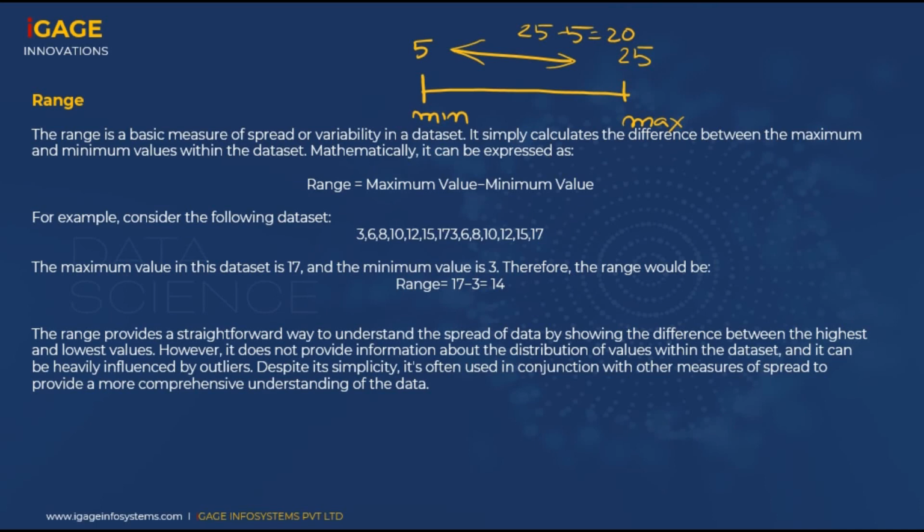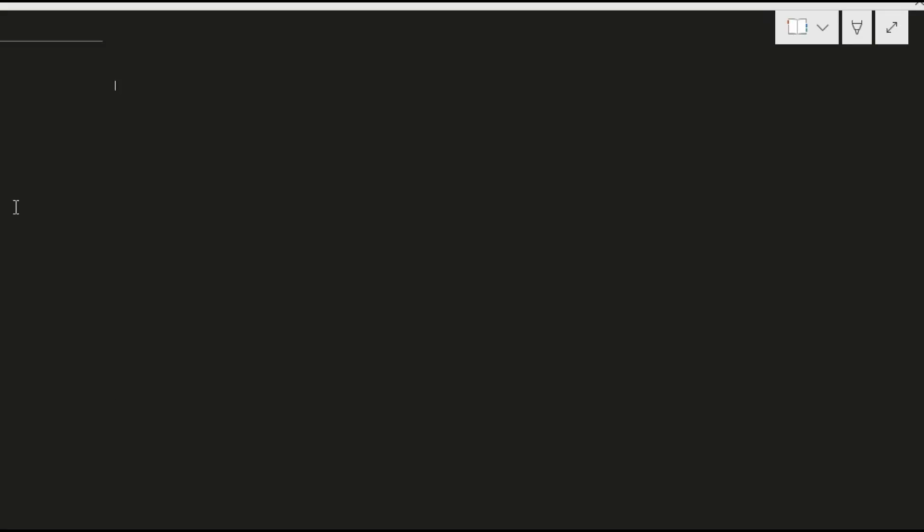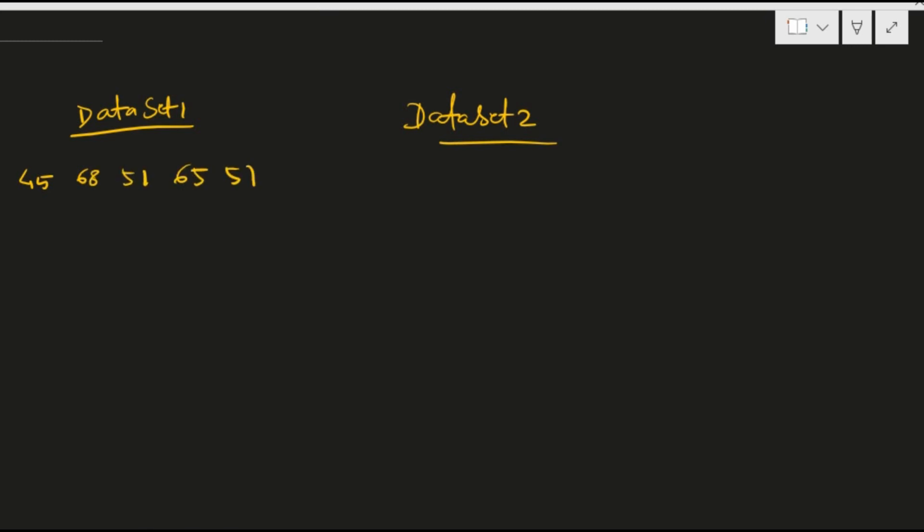Let us consider one example. Suppose we have two data sets, data set 1 and data set 2. In data set 1 we will take some values: 45, 68, 51, 65, 57.